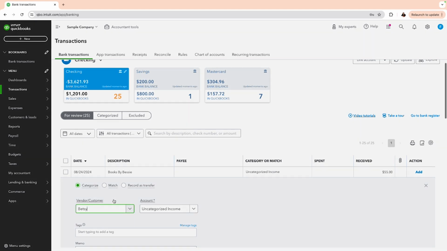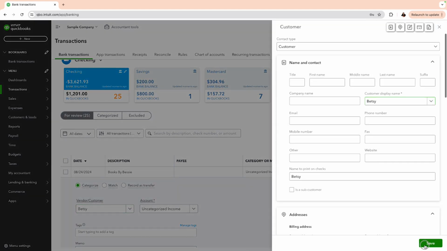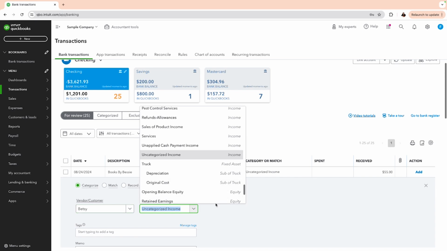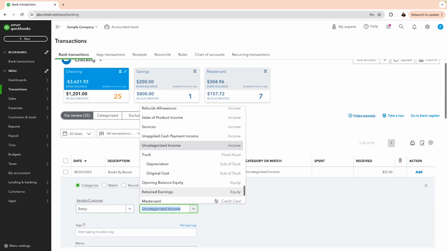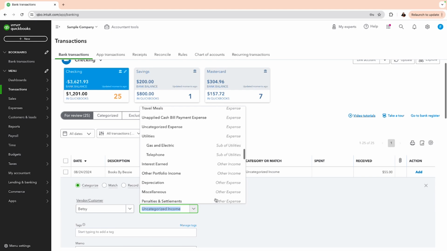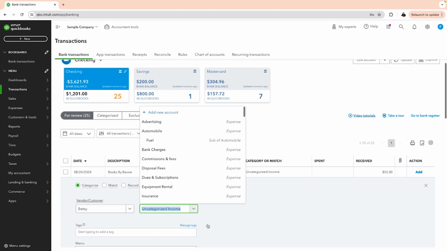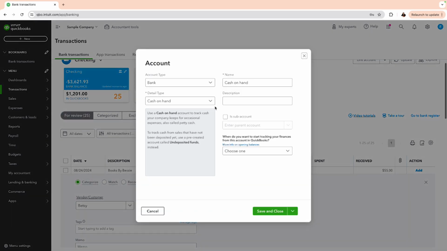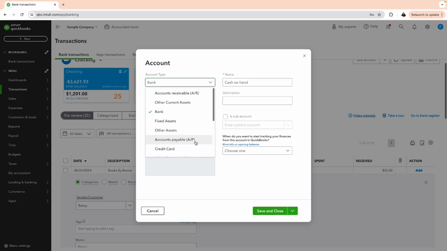Usually you want to put the full name, but of course this is just make believe. And now you should have a trust bank account, but what we're going to create here is a short-term liability.